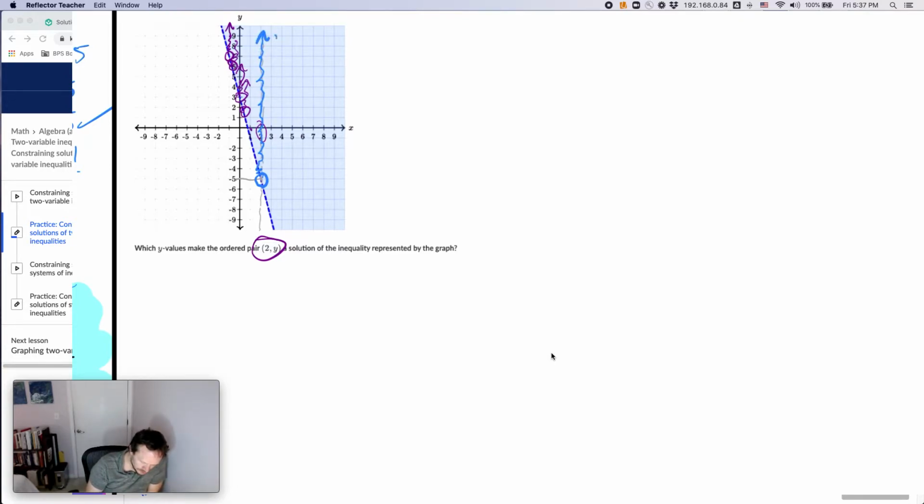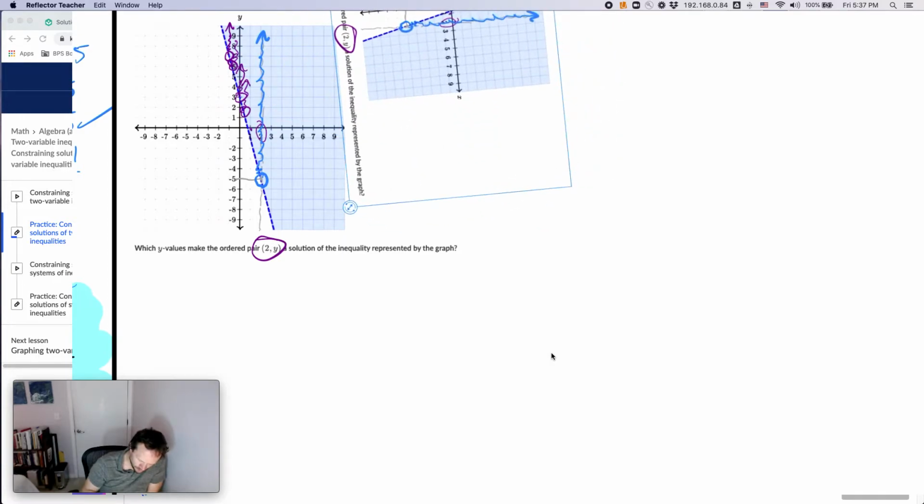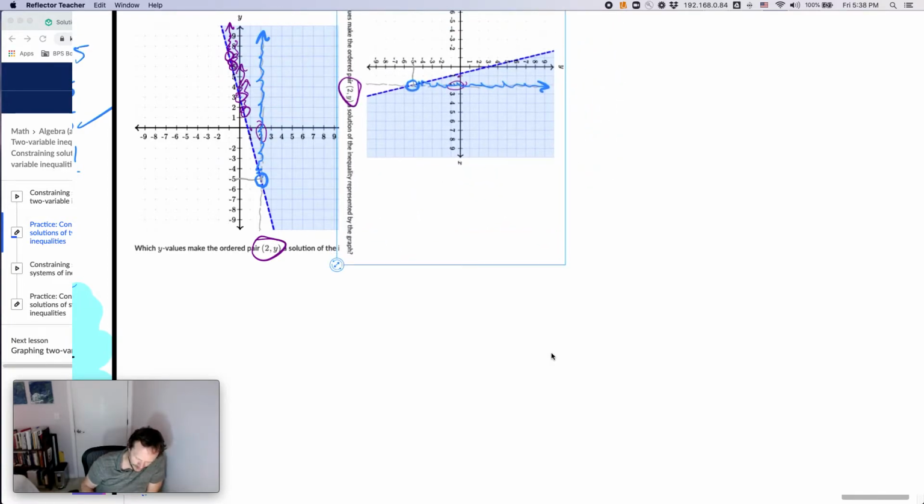And what we can do is just envision taking that and rotating it. And there we have our number line. We're going from -5 up to infinity.